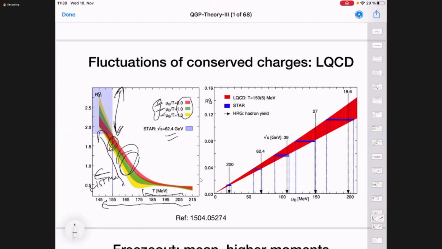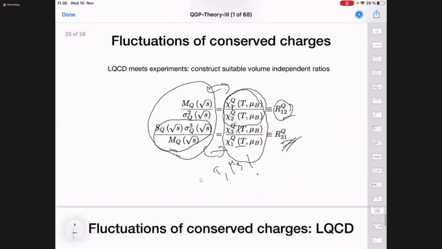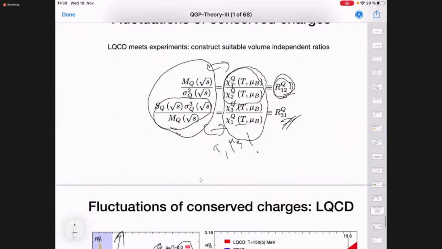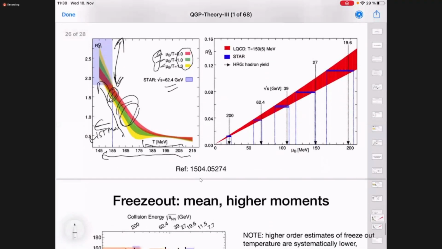Now, fortunately, you have this other observable, RQ12, and you see this RQ12 with mu_B has a large kind of variation.